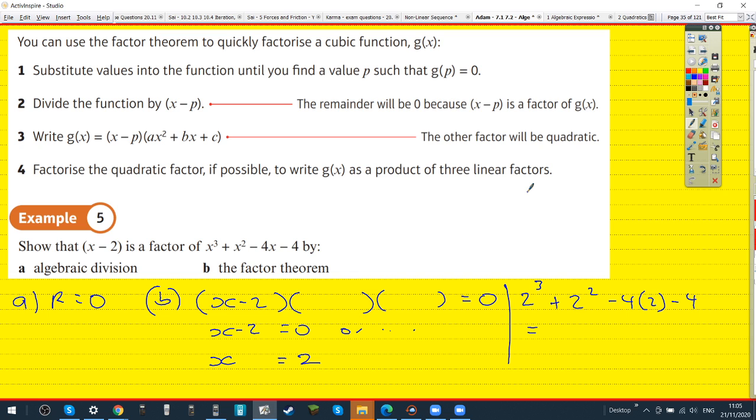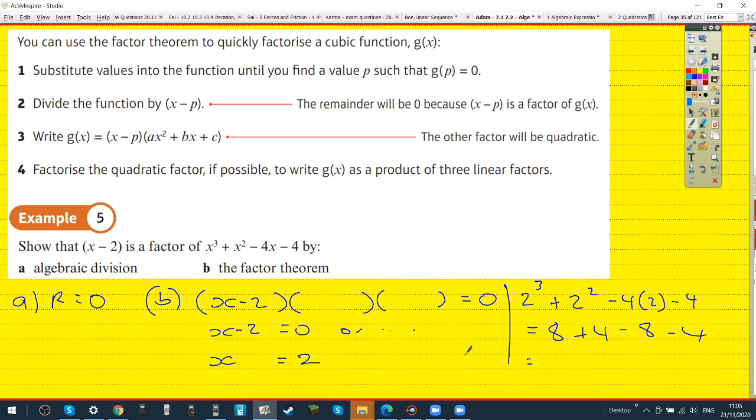You could just put it all in the calculator or whatever you like. 16. So you'll get 8 plus 4 minus 8 minus 4. It'd be minus 8. I thought it'd be plus 8. Minus 4 times positive 2. It's not 4 times minus 2. It's okay.